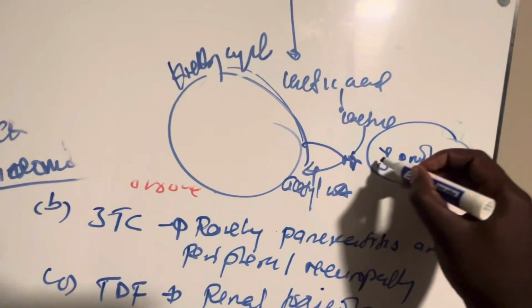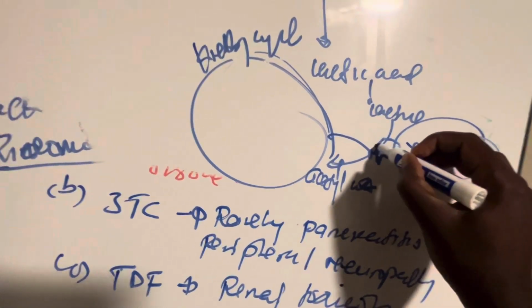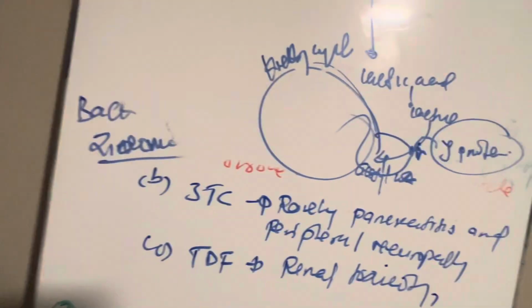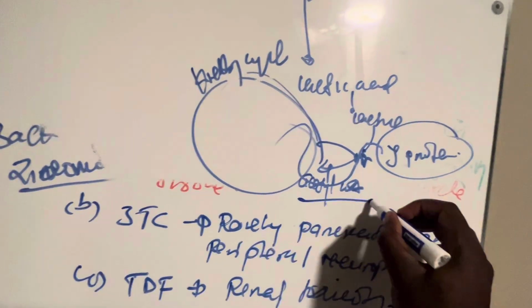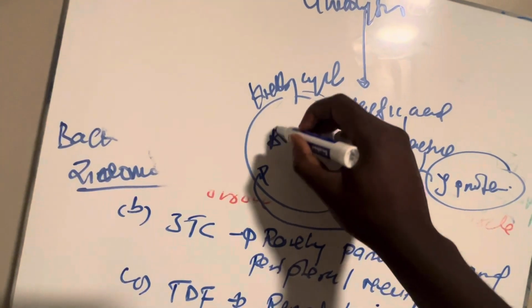These gamma proteins are responsible for carrying lactic acid into the Krebs cycle to be converted into acetyl-CoA. Acetyl-CoA now leads to the formation of ATP.